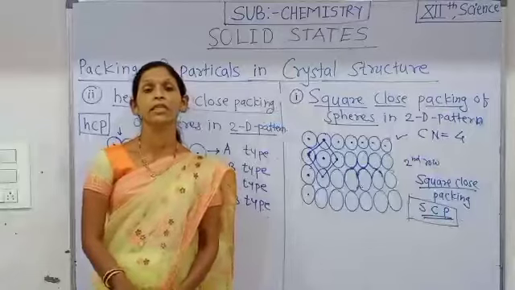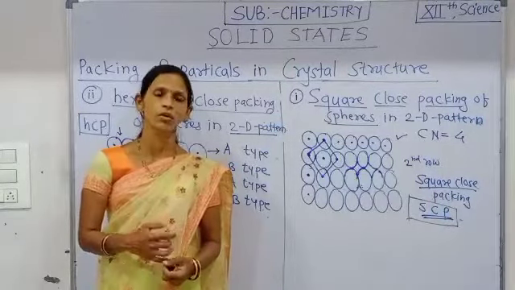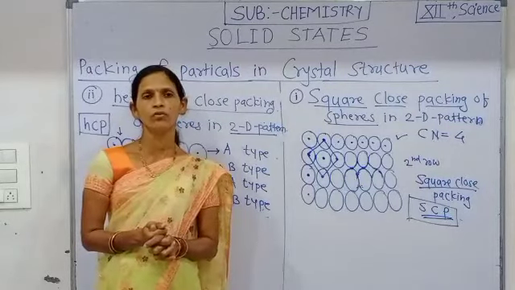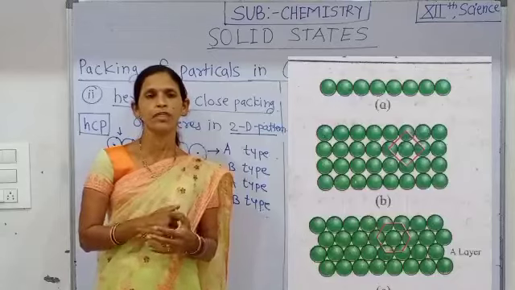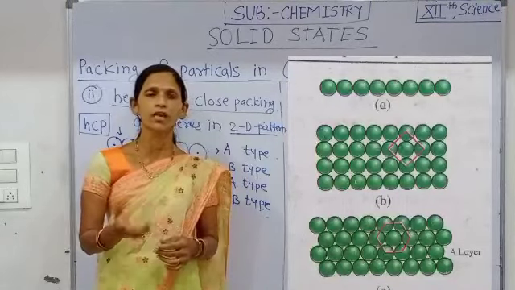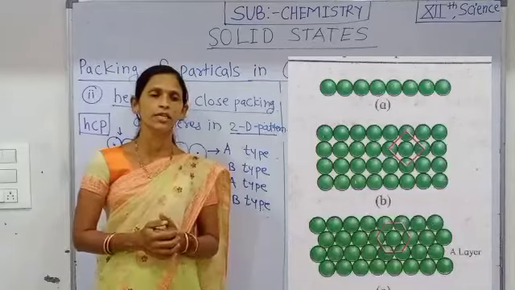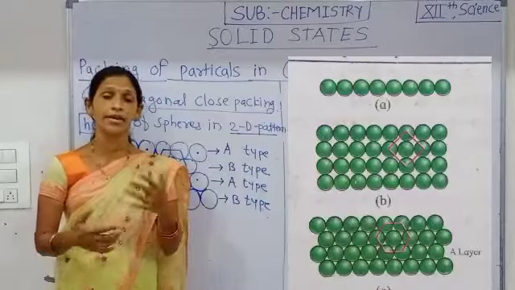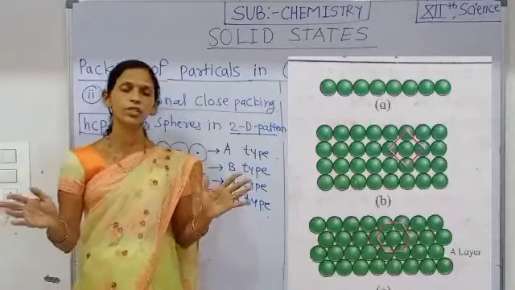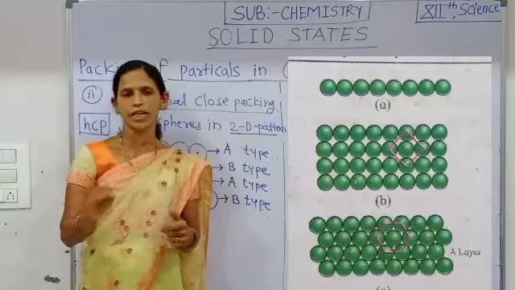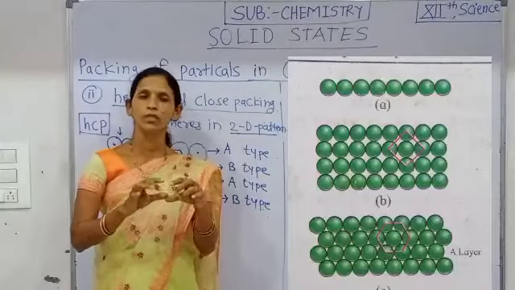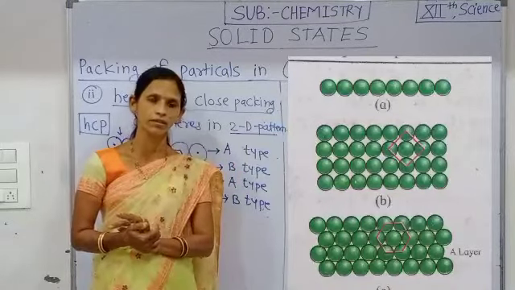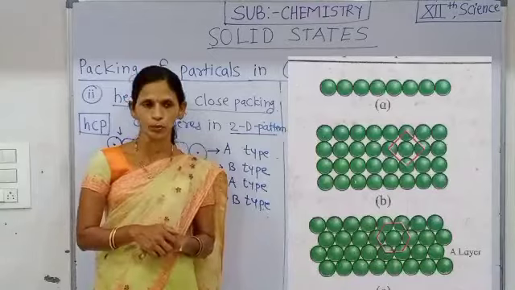Hello students, in the previous lecture we have studied in detail the packing of particles or spheres in a crystal lattice. The packing of particles in the crystal lattice takes place in a one-dimensional arrangement, forming a row of spheres in which the coordination number is 2.